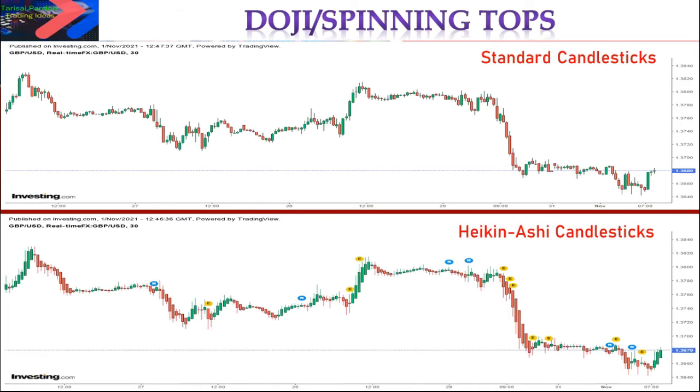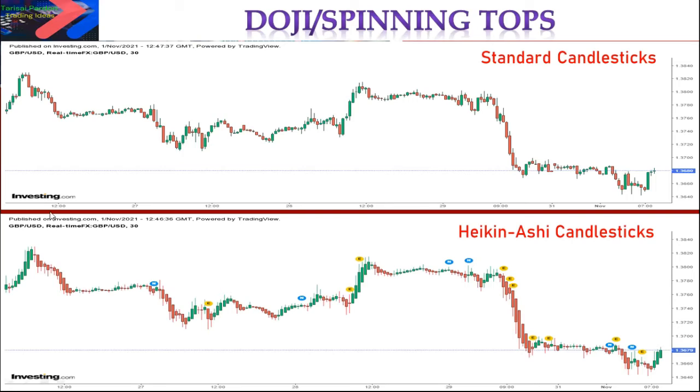Looking again at the price of the British pound vis-a-vis the US dollar, we see again that on the standard chart we are not very clear about the trend of the price, and we are not very clear about the reversal points, the trend reversal points.